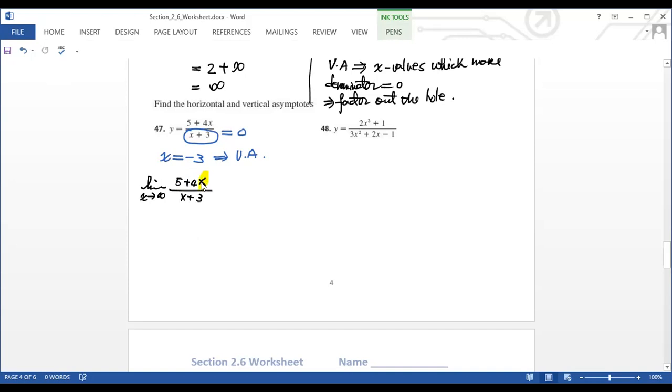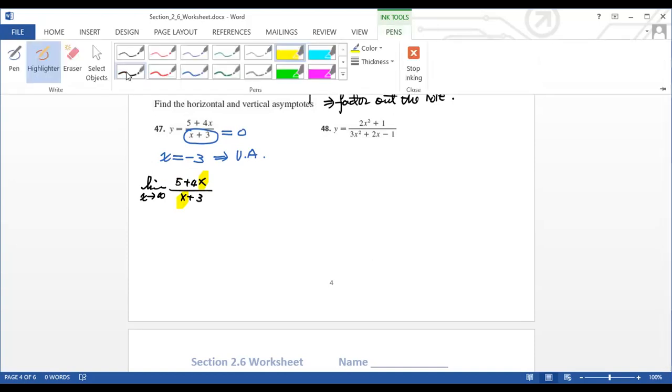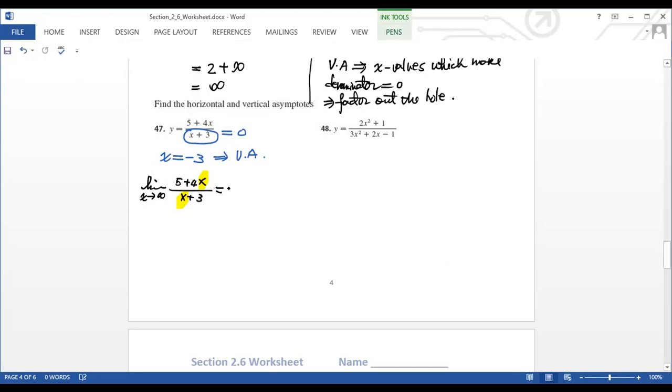Because both of them have the first power, the limit is going to be 4, because n equals 1 and m equals 1. They both have 4. So I know y equals 4 is the horizontal asymptote.